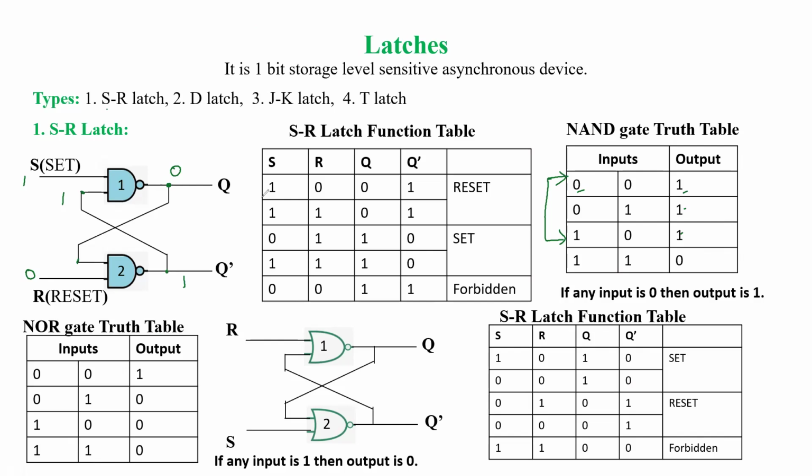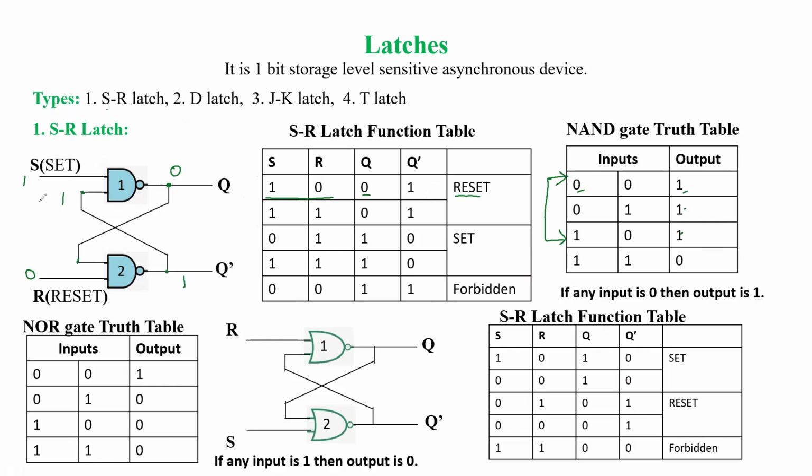So this is the first situation. When Q is 0, it is called the reset condition. Q and Q dash are always complements of each other. Now we'll see another condition.